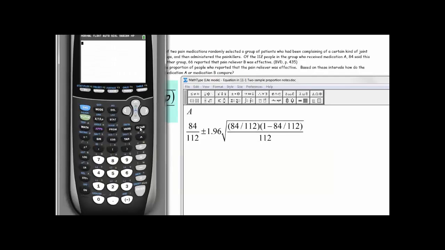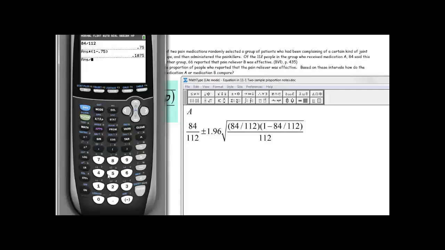Alright, so let's first start with 84 divided by 112 is 0.75. Let's do the standard error next. So 0.75 times, well, 1 minus 0.75 is 0.25, but I'll just type that in there, even though I understand it's 0.25.